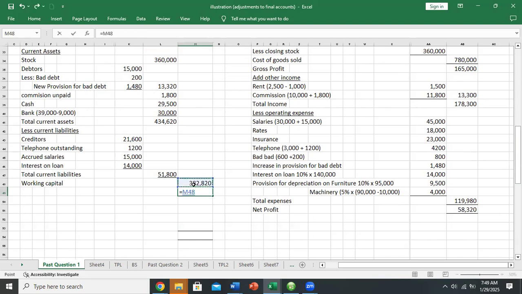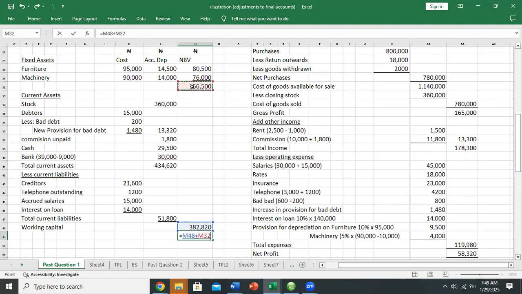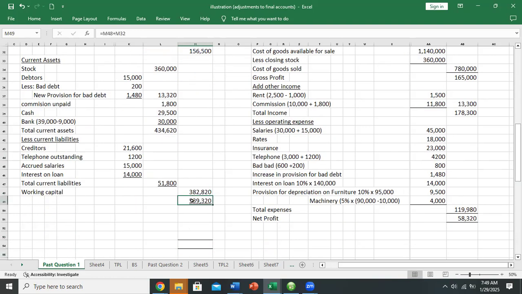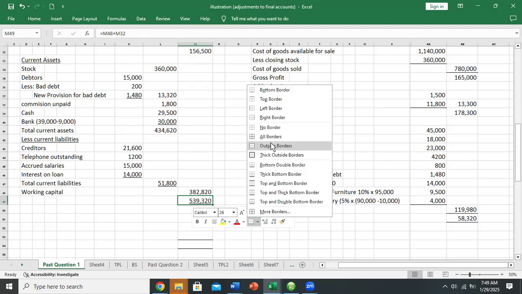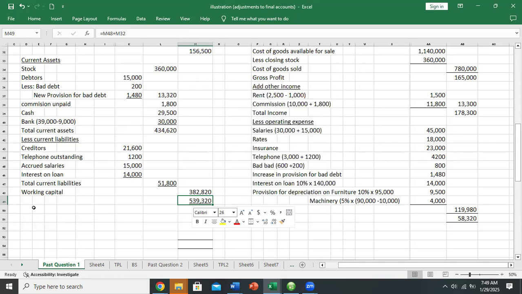So working capital plus the total fixed assets, 156,500. So we have 539,320 as the net total asset. If you have any question at this point, you can ask.